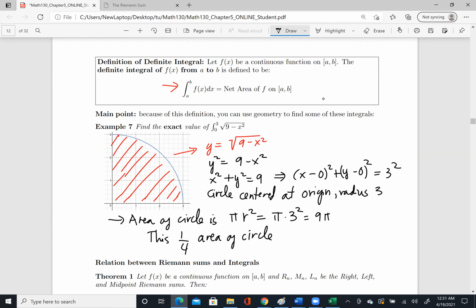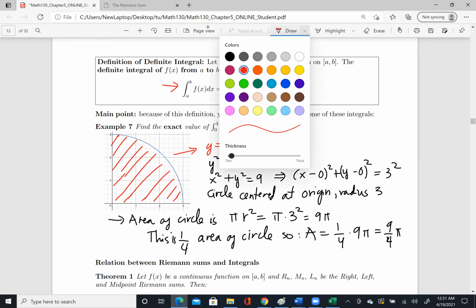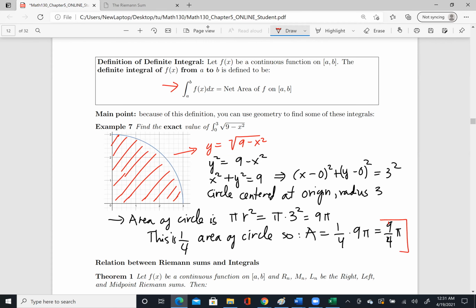So A will be 1/4 times 9 times pi, which equals 9/4 pi. That is the answer. So let's circle this.